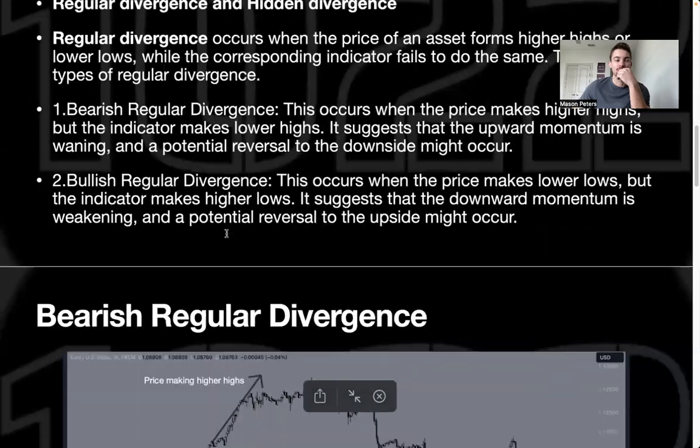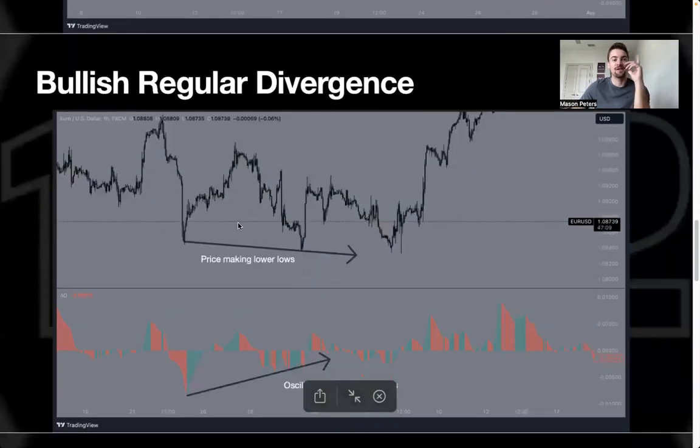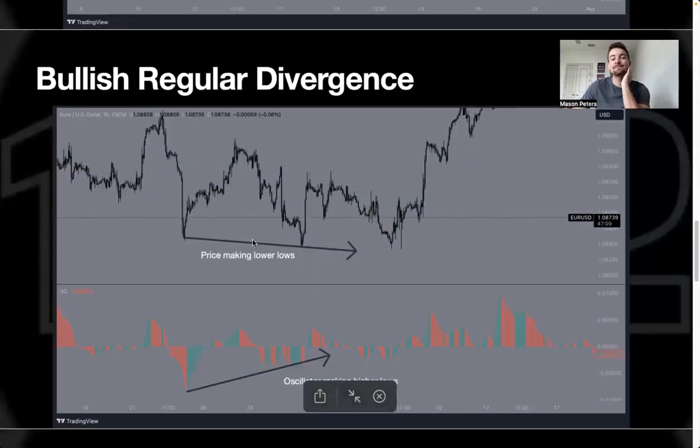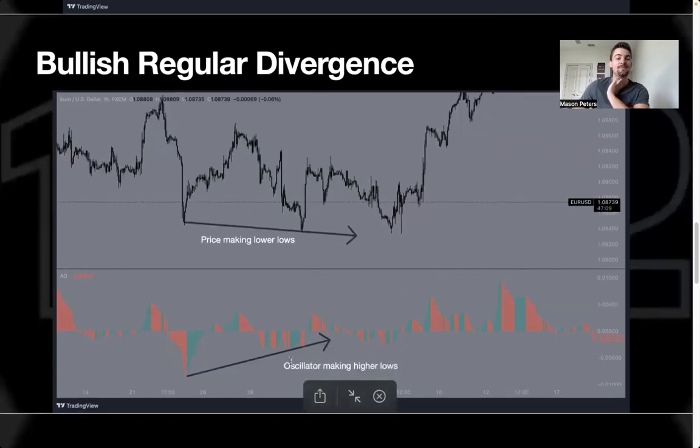Bullish regular divergence is when price is making lower lows, but the oscillator is making higher lows. Notice here that we're in that selling region, looking at selling momentum. The price is printing selling, and we have a lower low created here, but the oscillator is starting to make higher lows.